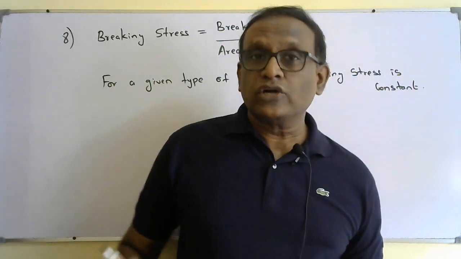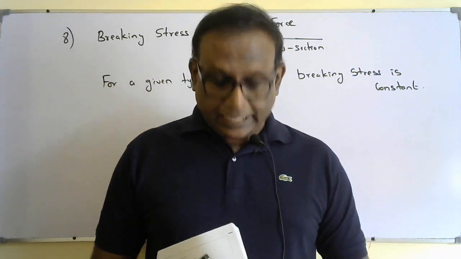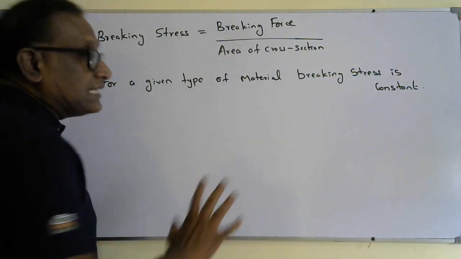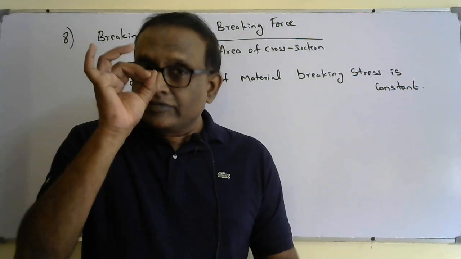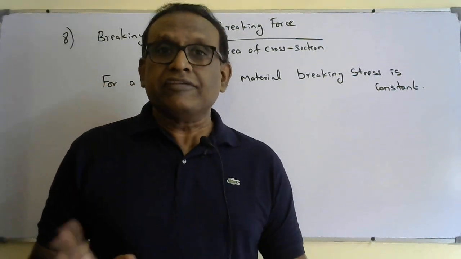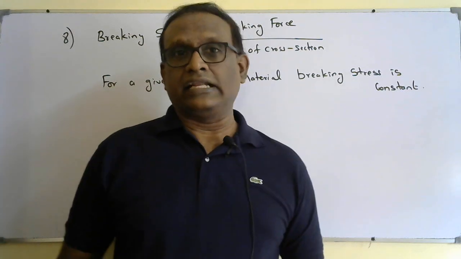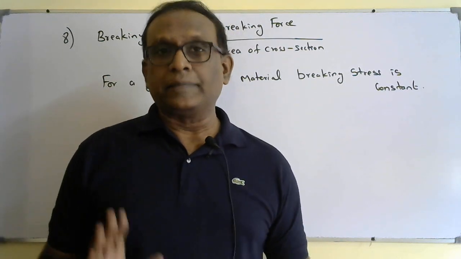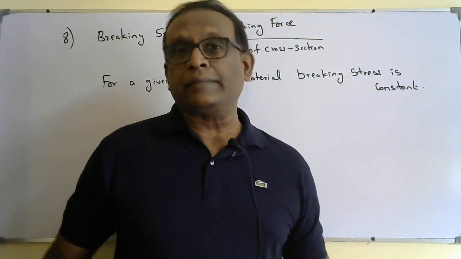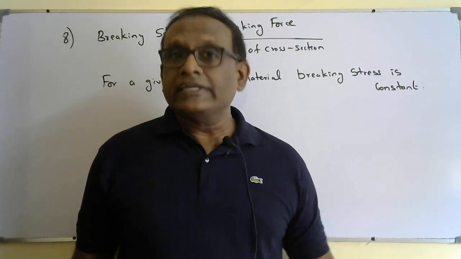Breaking stress does not depend on the length, and it does not depend on the area of cross section either. It differs for different types of material, but for a given type of material, breaking stress is constant, and it does not depend on the length or even the area of cross section.